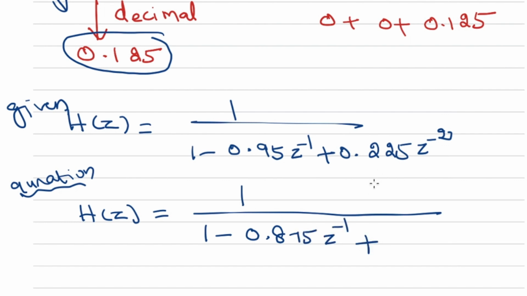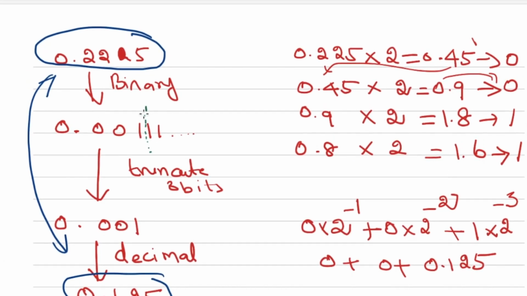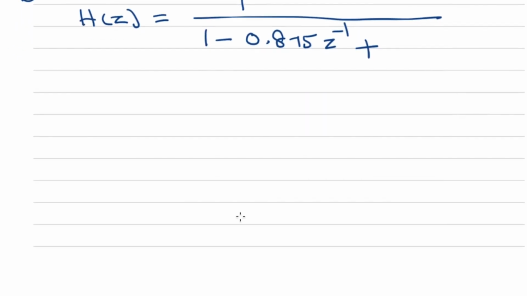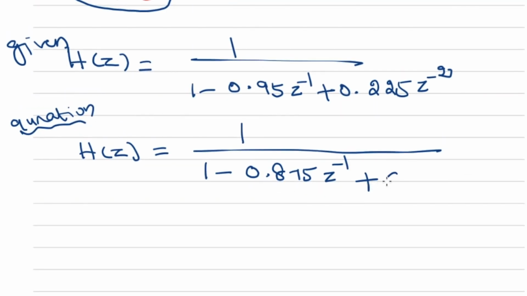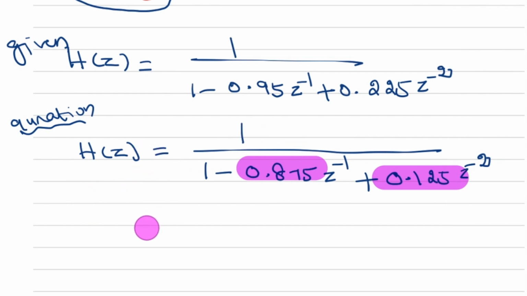Similarly, the coefficient 0.225, we applied quantization and got 0.125 into z power minus 2. So when applying the quantization to the coefficients, such as 0.95, errors occur due to the quantization. This effect is called the coefficient quantization error.